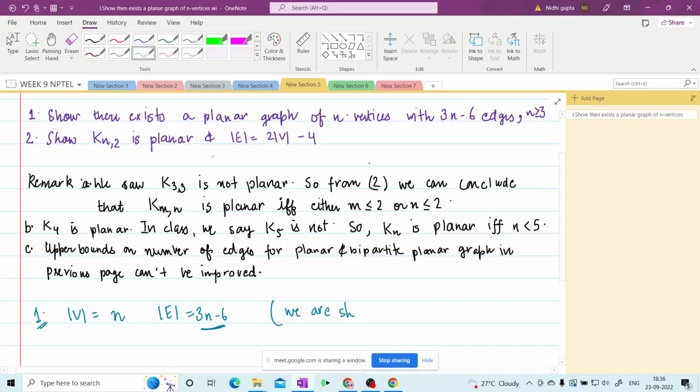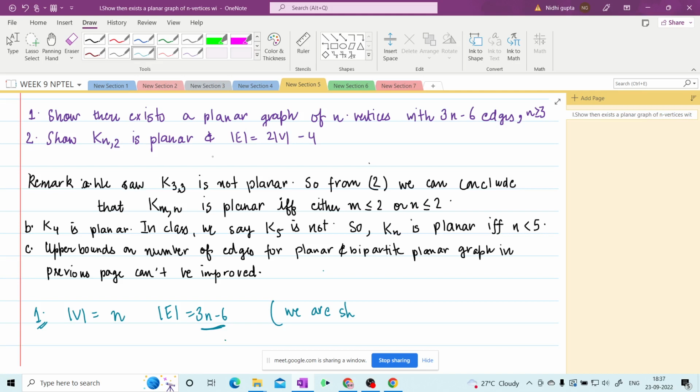This will be my remark C: if we show this, we are basically showing that the upper bound on the number of edges for a planar graph, which was 3n minus 6, cannot be improved because we actually have a planar graph with n vertices and these many edges.